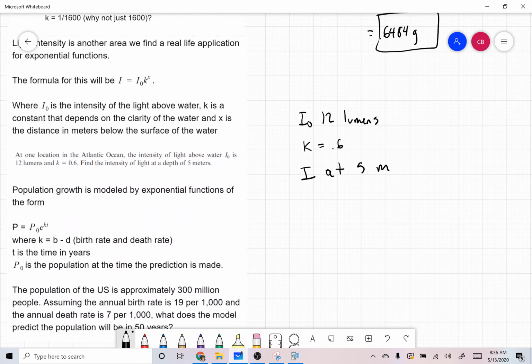So we're going to use that formula. We have 12 times 0.6 to the fifth, because x is equal to 5, since x is the distance in meters below the surface of the water. And this is going to equal the intensity.